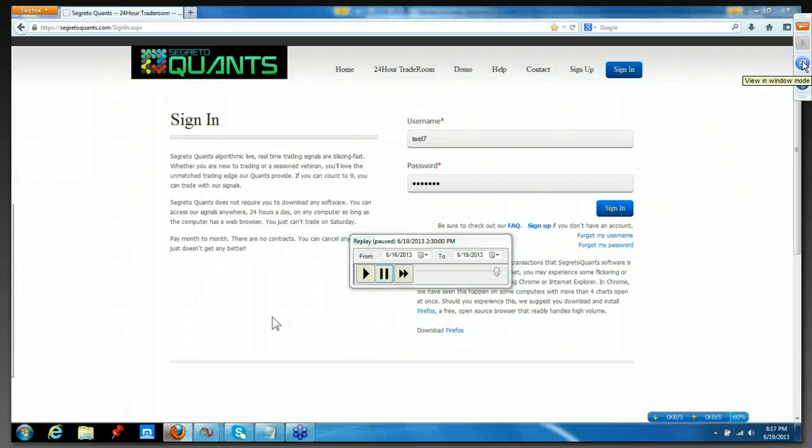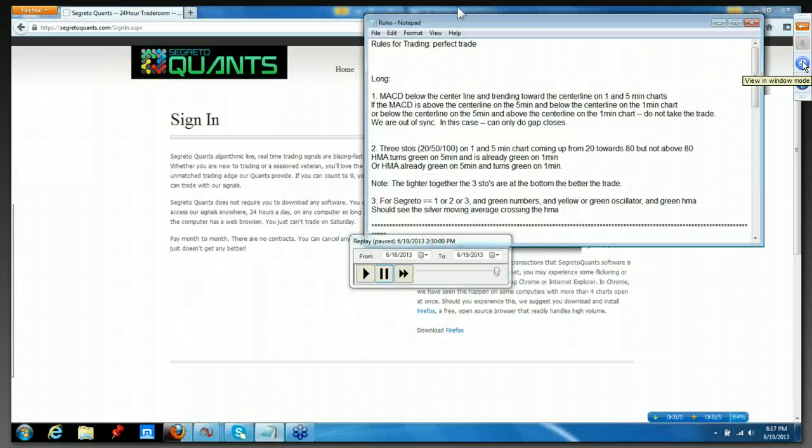Can I please show the middle part of the notes? I can, yes.